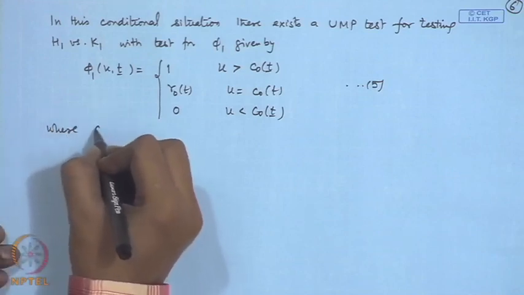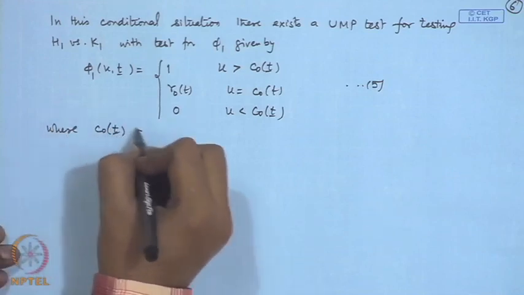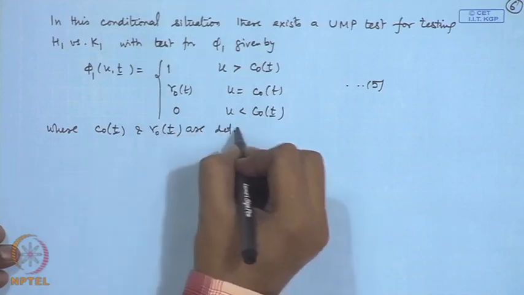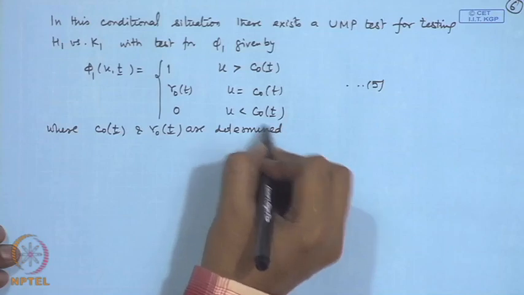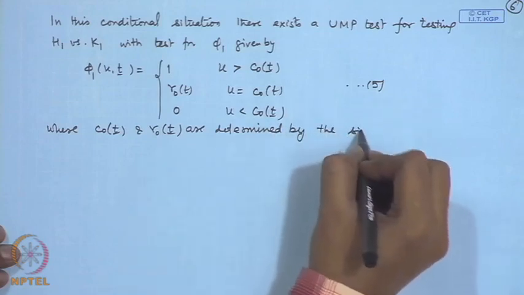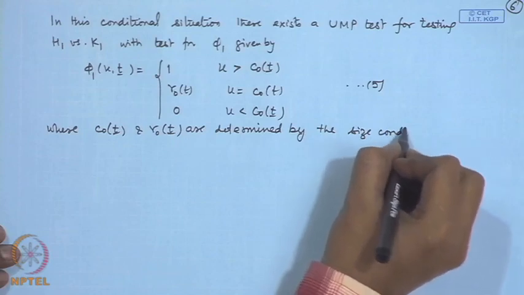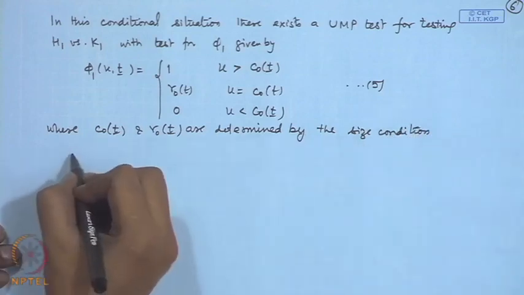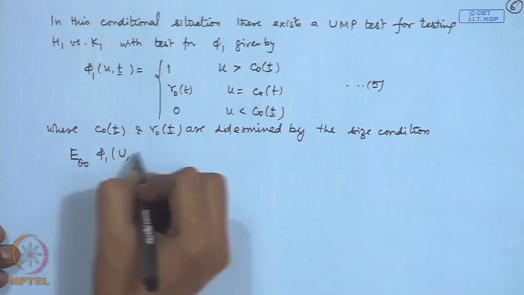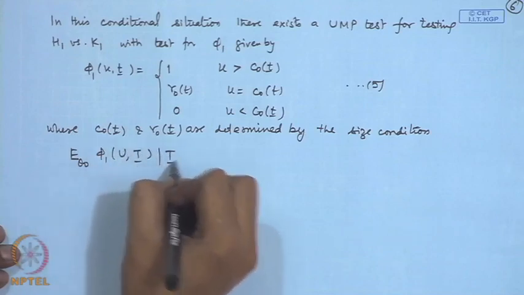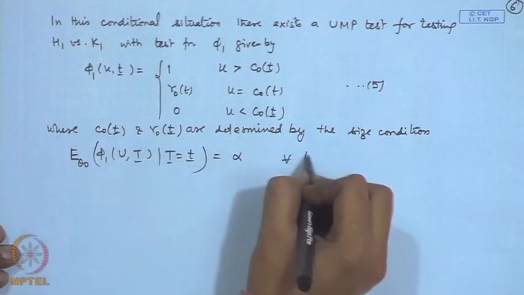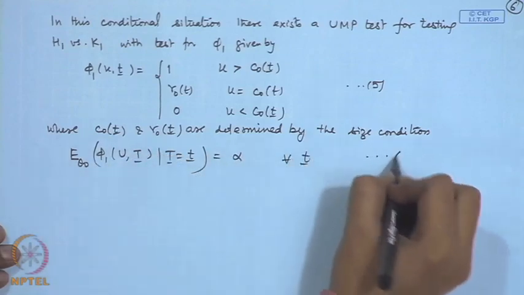where c naught t and gamma naught t are determined by the condition: expectation of phi 1 u t given t is equal to t, it is equal to alpha for all t.